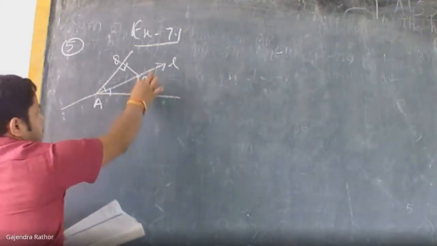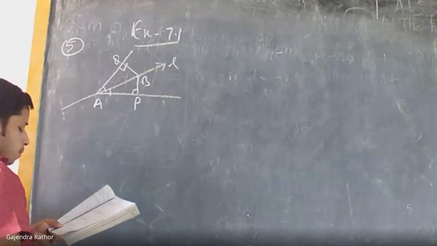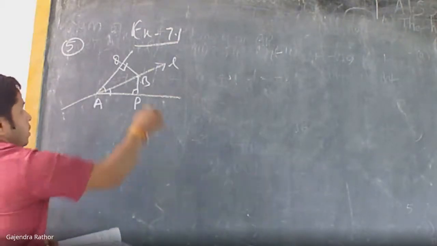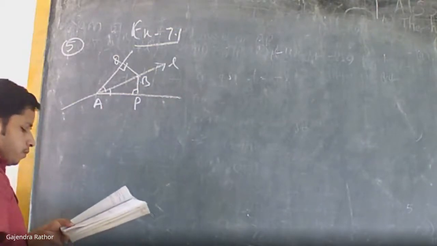Second, BP and BQ are perpendiculars from B to the arms of angle A. So the value of this and this angle will be 90 degrees.